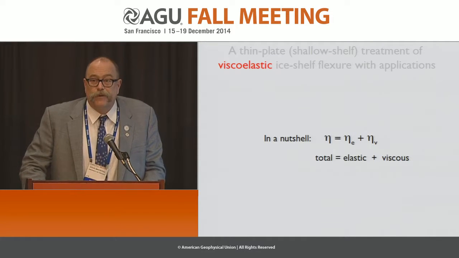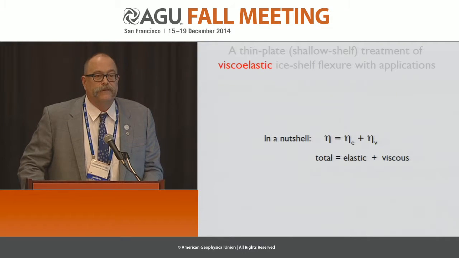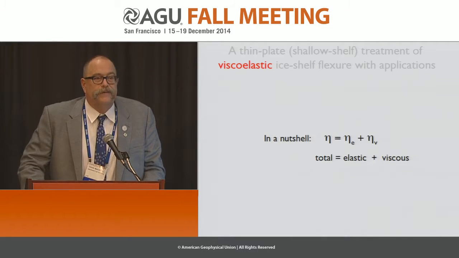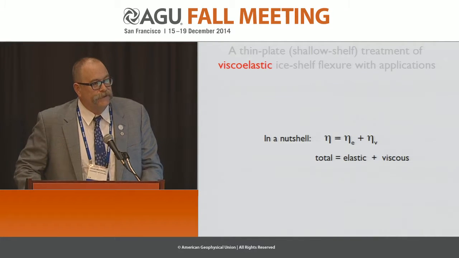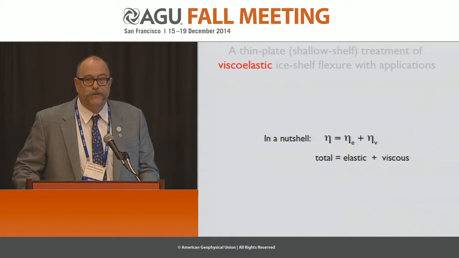So how do you deal with viscoelasticity? Well, the key thing is that viscoelasticity is not a physical law. It is an amalgamation procedure, an approximation procedure to combine two physical laws, elasticity and viscous flow. And basically there's three ways to do it.